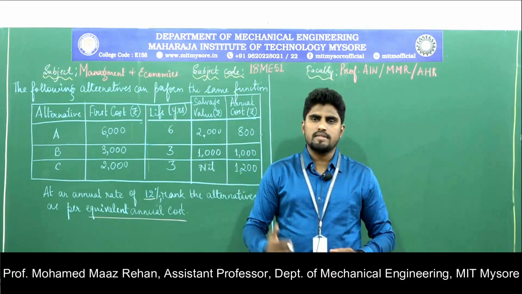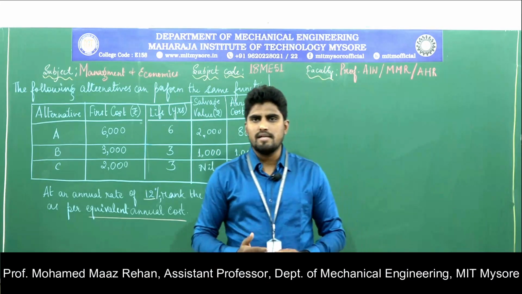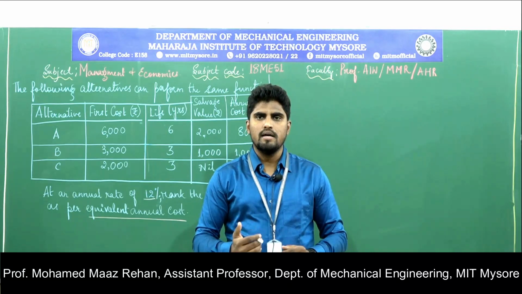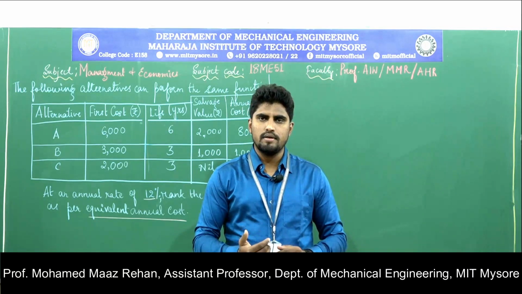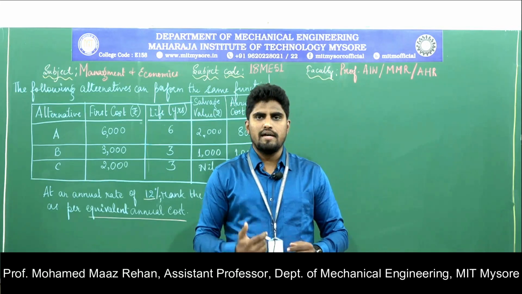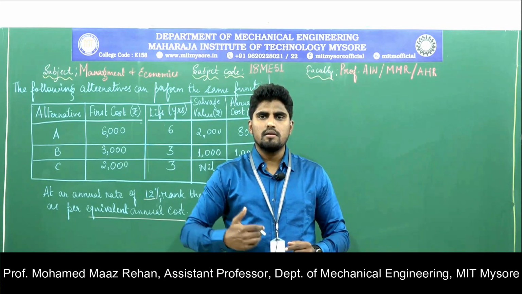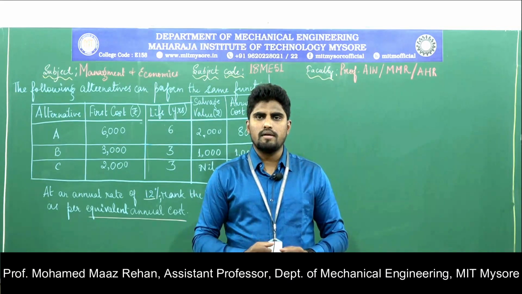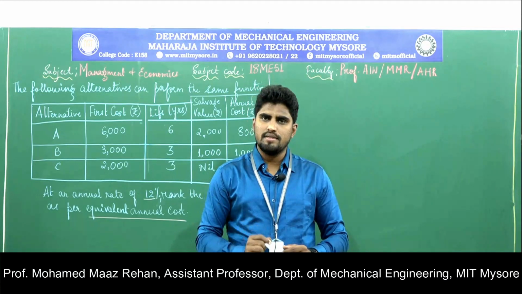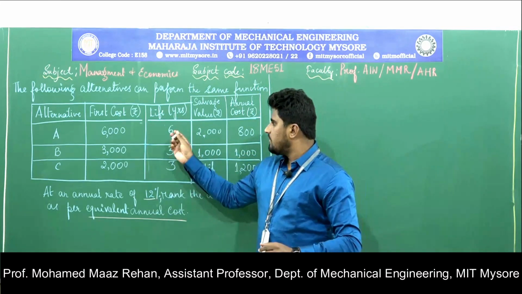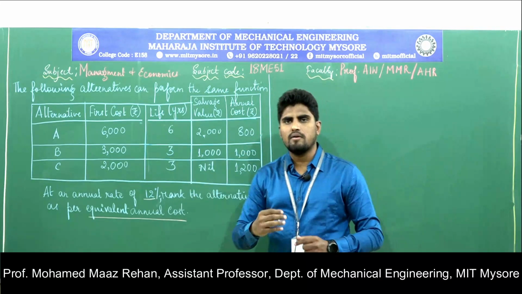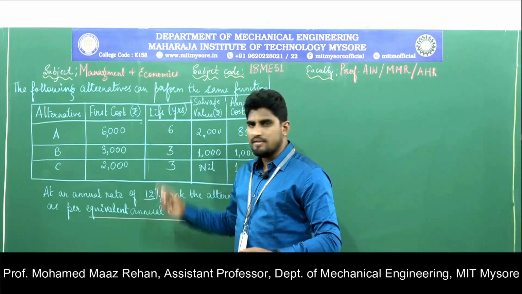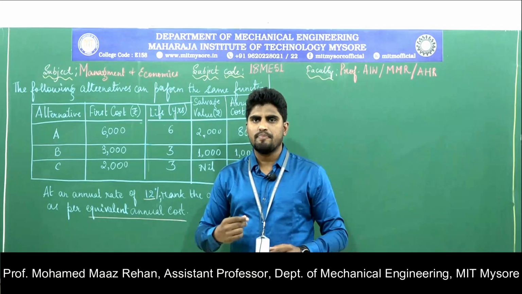So how to solve such type of problems? In the previous lectures we have seen present worth and future worth as well, right? In present worth and future worth, if you have different lives, you proceed with the LCM method. In annual equivalent worth, the main advantage is, here you can observe the lives of the 3 alternatives are different: for alternative A it is 6, for B it is 3 and for C it is 3.